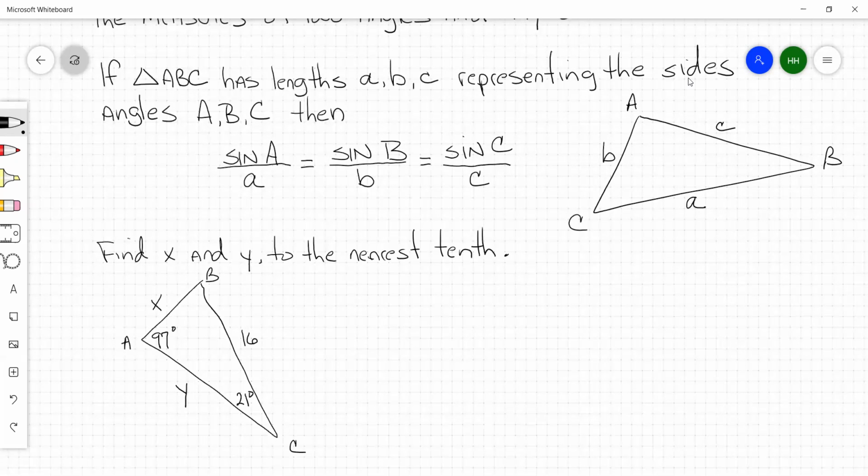So the law of sines can be used when you know two angles and any side. The first thing you want to do when you're solving this triangle problem is find the third angle. So take 180 minus 97 minus 21.